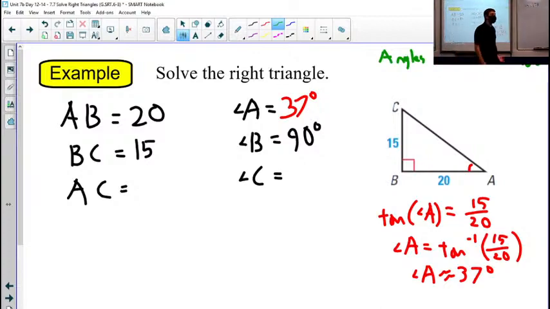Well, we are looking at right triangles, and in right triangles, by definition, I already know one of the angles. Right there, I know one of the angles is 90 degrees. That has to be true in a right triangle.